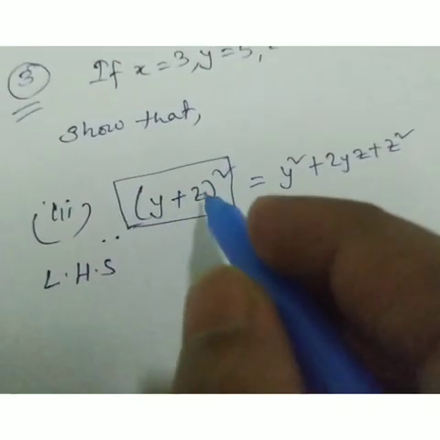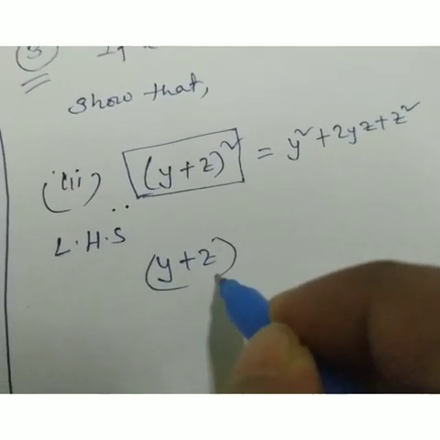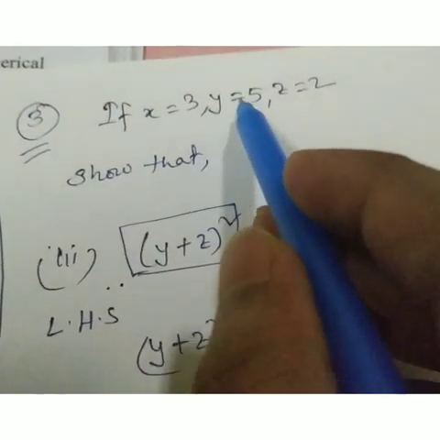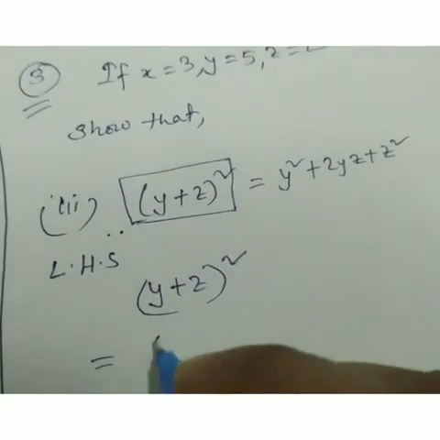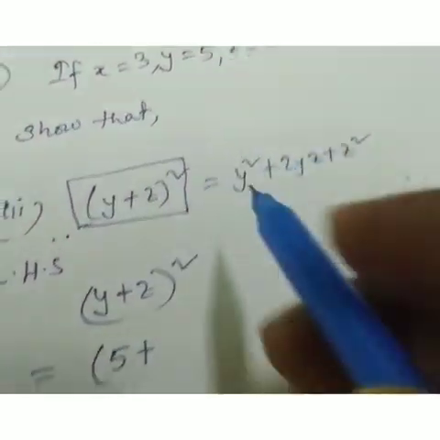So y plus z whole square. What is the value of y? Putting the value of y, that is 5, equals 5 plus z. The value of z is what? 2.